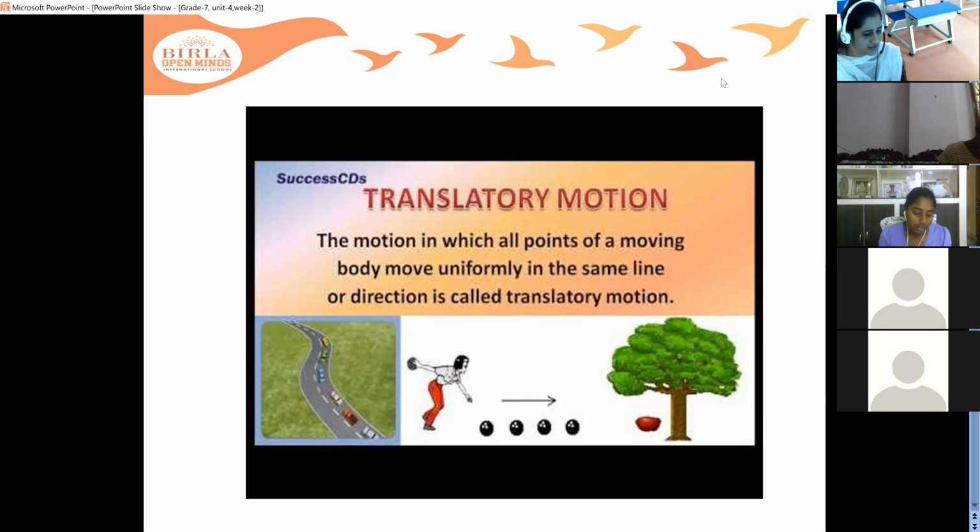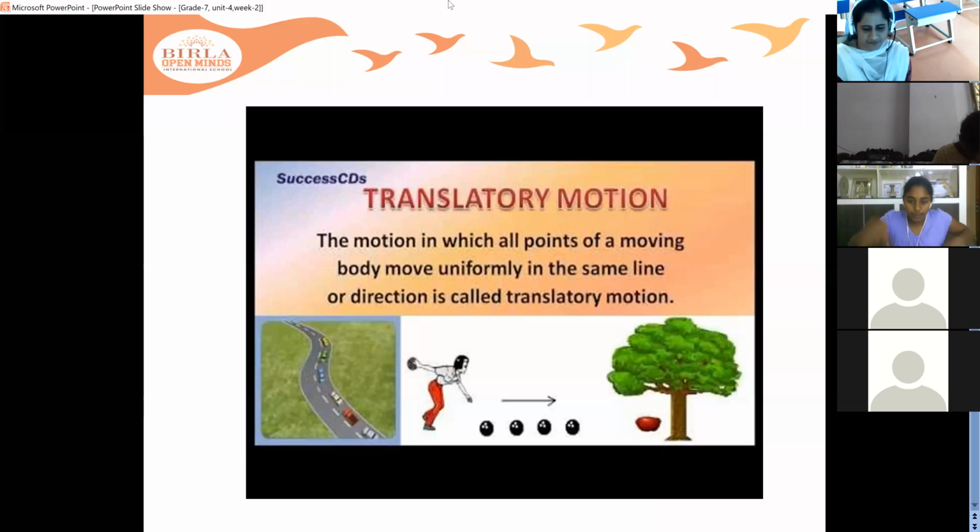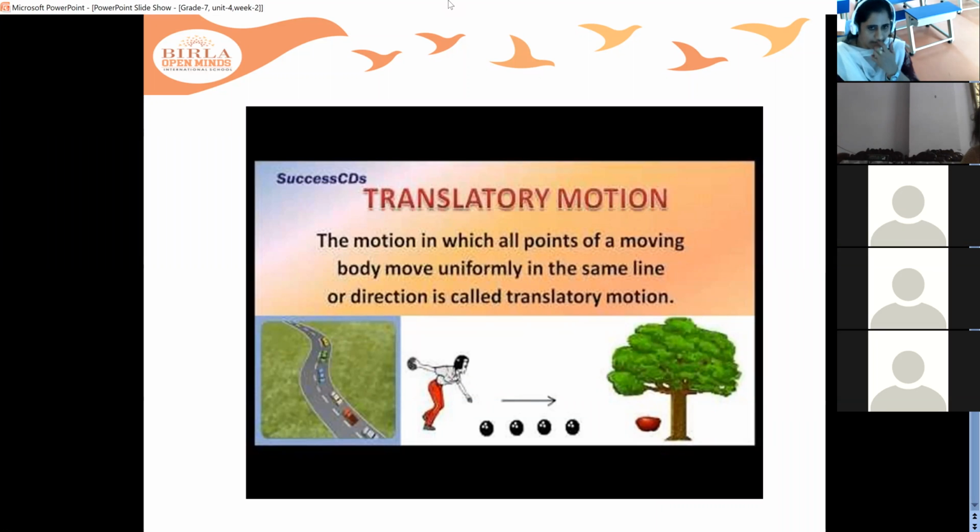So we have discussed the different types of motions and what the study of motion is called. What is the study of motion? Kinematics deals with the study of motion.